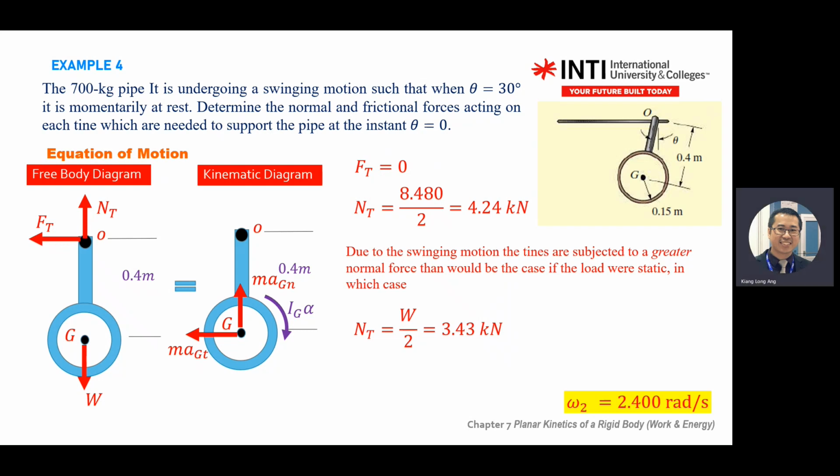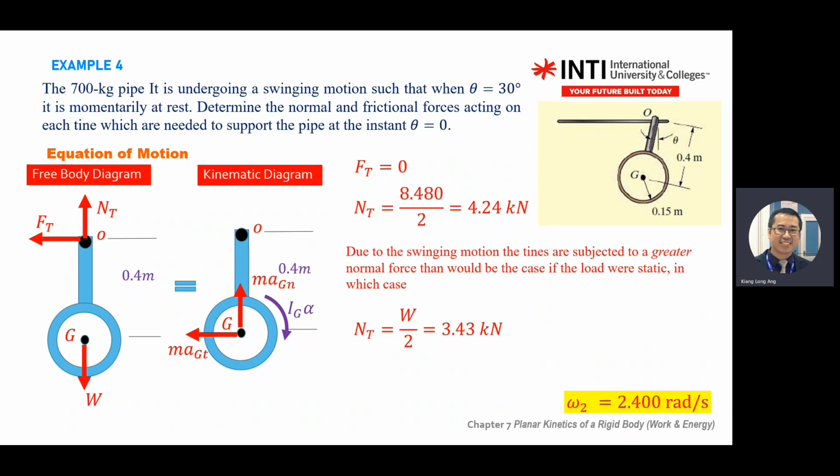You get 3 point something. So the contact force is actually greater if the object is swinging. Okay. So if the question asks you what is the difference if the case is in static scenario, you need to calculate this one. Then explain what is the difference between dynamic question and static question. Okay, the contact force is greater.